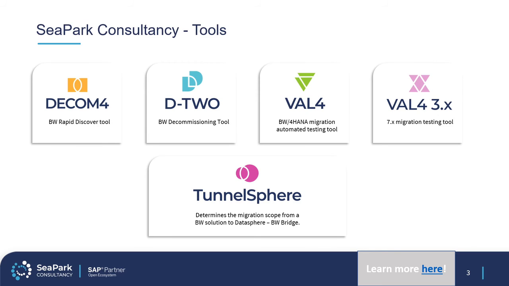CPARC Consultancy has developed 2 automated testing tools, Val4 and Val4 3.x, to help reduce the overall migration costs related to the testing. As you can see, CPARC Consultancy has several tools to help you optimize your BW migration process. And also, for more information, we have a link at the bottom that can help you learn more and dive deeper into the tool.